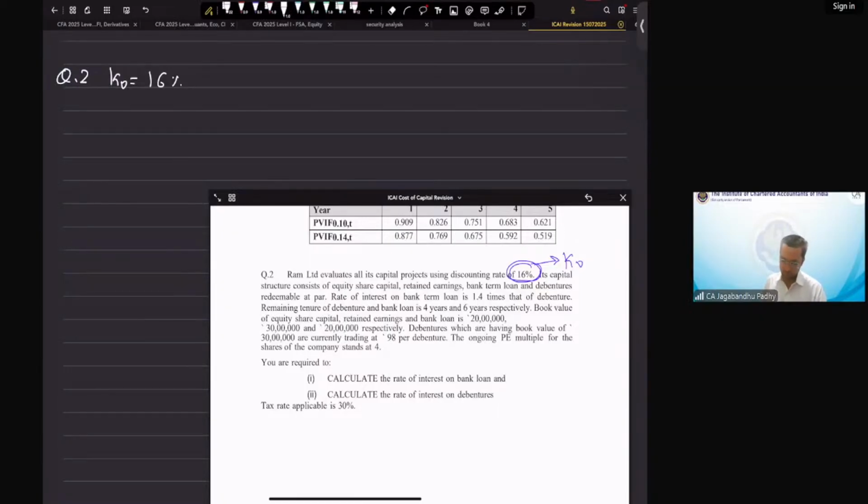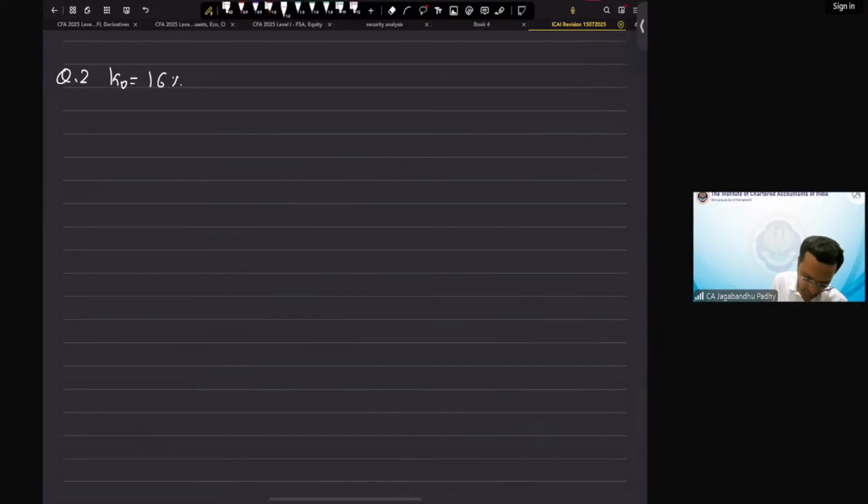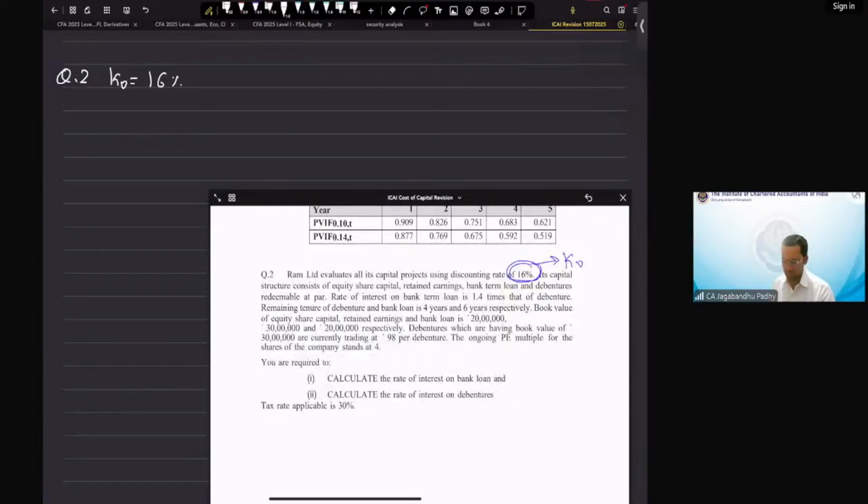Then the rate of interest on bank term loan is 1.4 times that of debenture, and the remaining tenure of debenture and bank loan is 4 years and 6 years respectively. Book values are given to us, and debentures having a book value of 30 lakh are currently trading at 98, and the P/E ratio is given. So obviously we have to calculate the weighted average cost of capital using the market value weights.